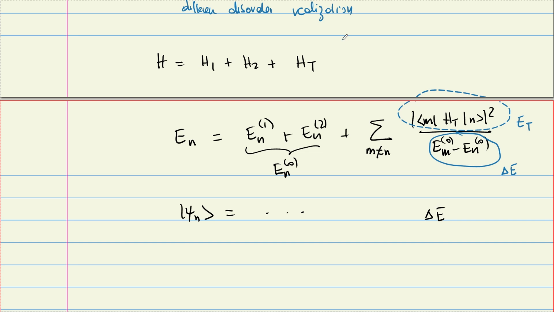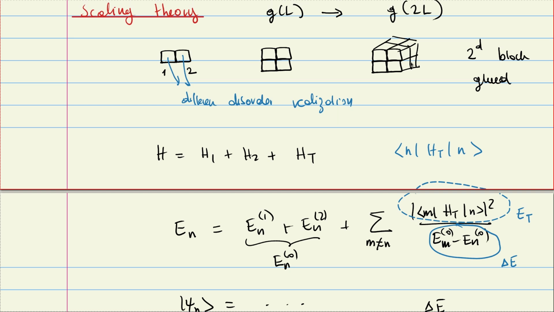So first order is 0, because if you have N H tunneling N, what happens is an electron goes from here to the other side, and there's no matrix element.